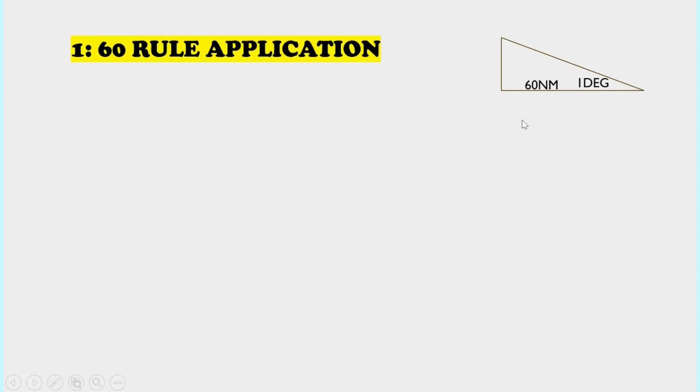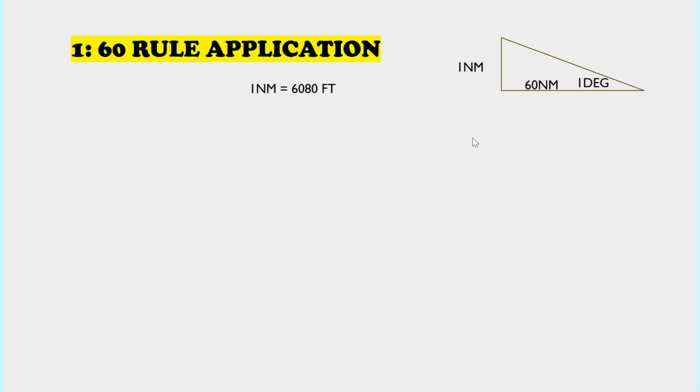This is an obvious rule which we all learn at flight school. I want you to revisit it if you didn't know what I'm talking about. And 1 nautical mile as a conversion is equal to 6,080 feet. Call it 6,000 feet. As pilots, we like approximating.